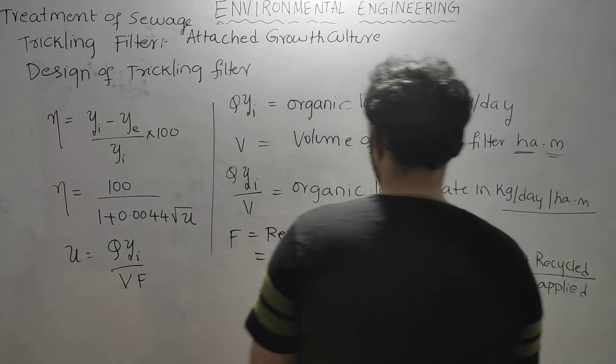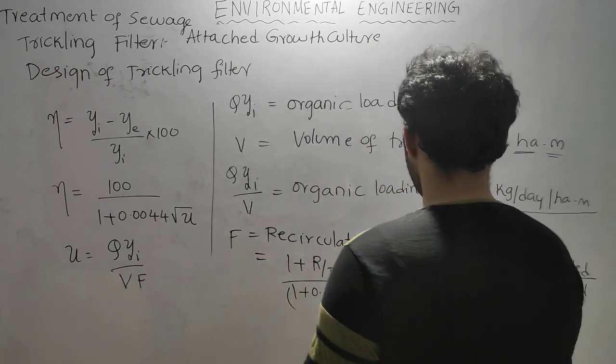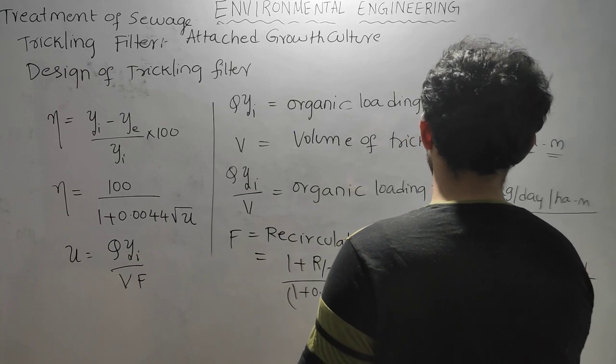R divided by I is nothing but the recirculation ratio.